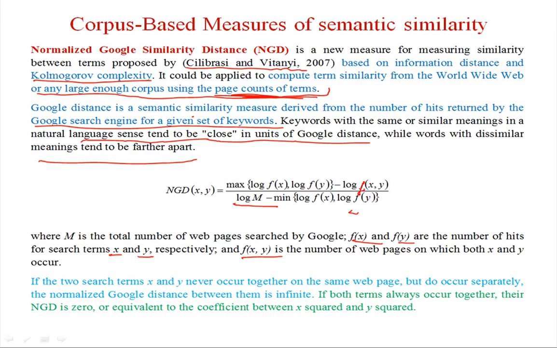M is the total number of web pages searched by Google.